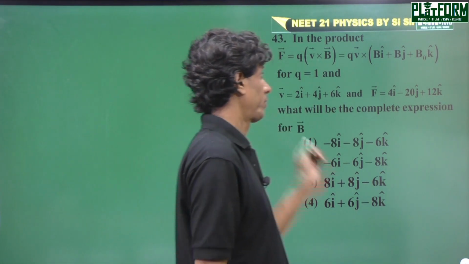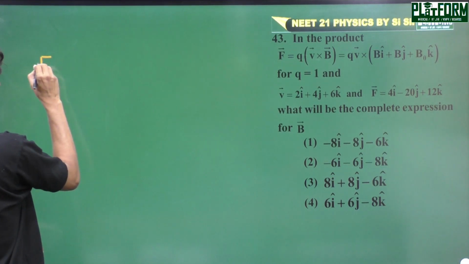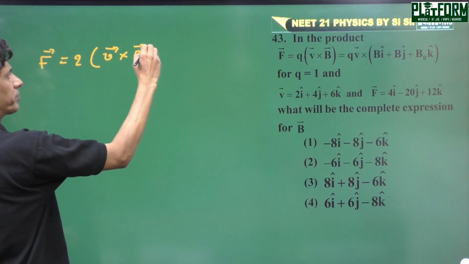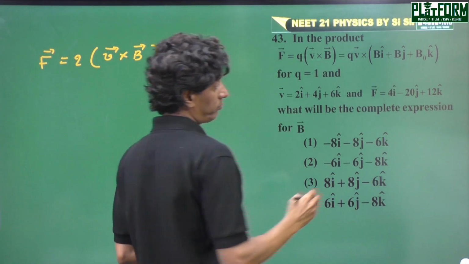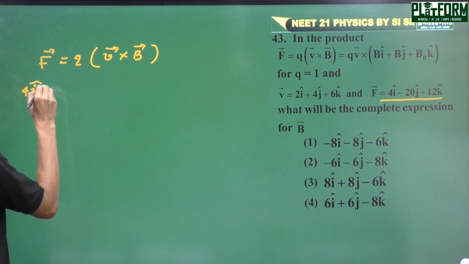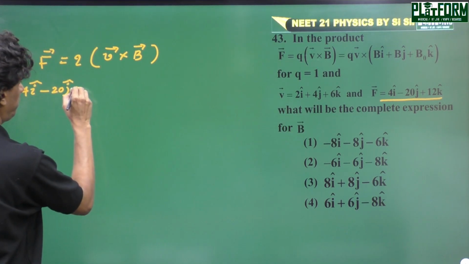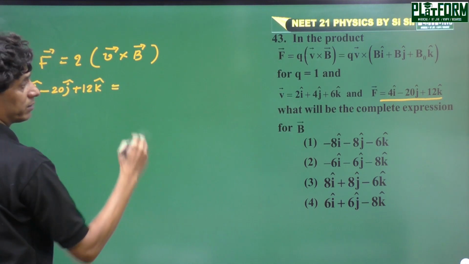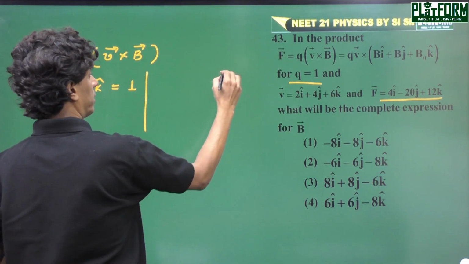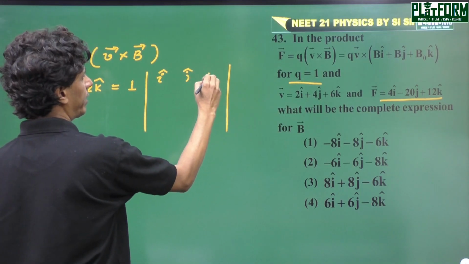In the problem, the magnetic force is Q V cross B. The value of force given is 4 I cap minus 20 J cap plus 12 K cap, and the charge is 1 coulomb, and V cross B can be written with I cap, J cap, K cap.